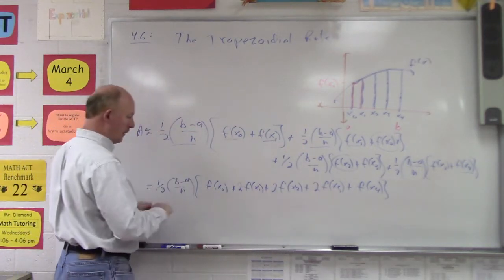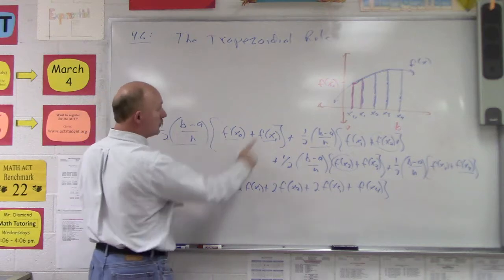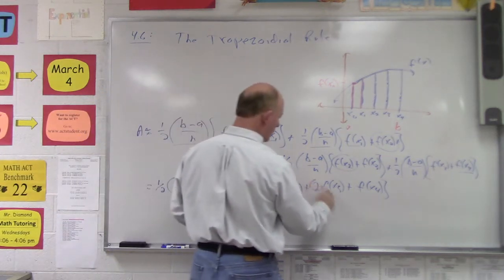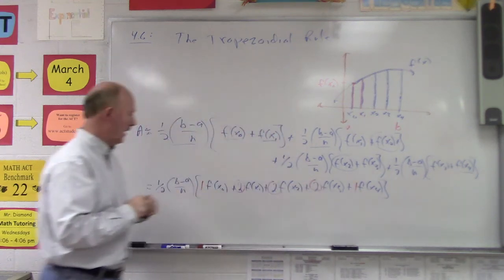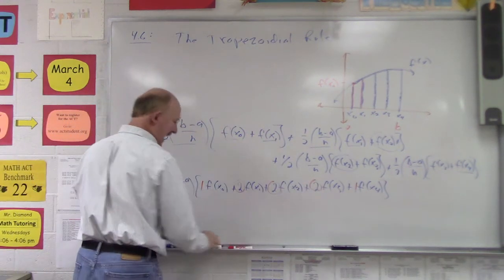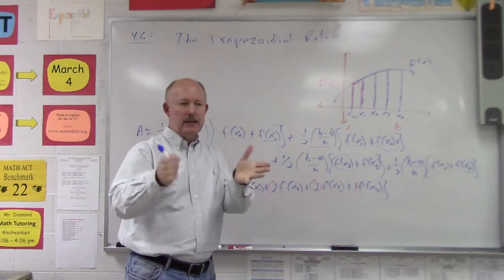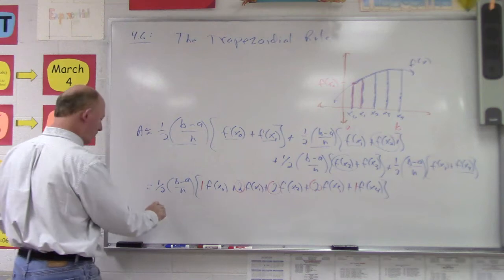Now notice a couple of keys here. The first base is only used once, so the coefficients are 1, 2, 2, 2, and then 1 again. If you look up the trapezoidal rule in our textbook, this is what it will say.